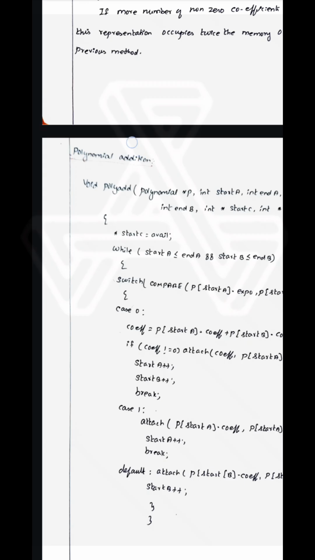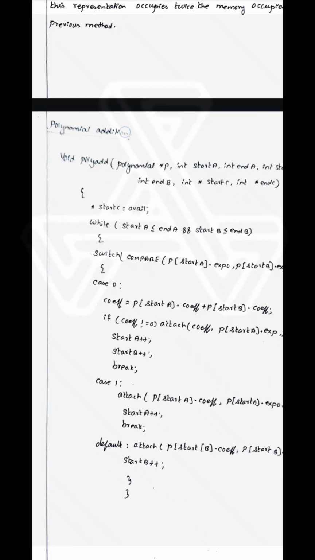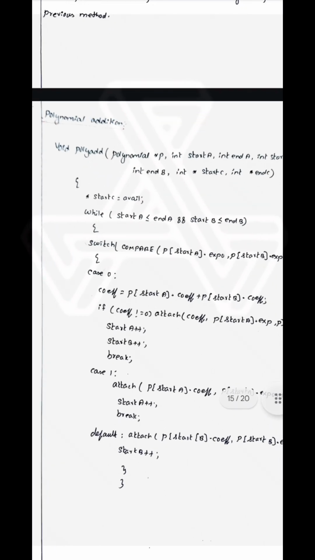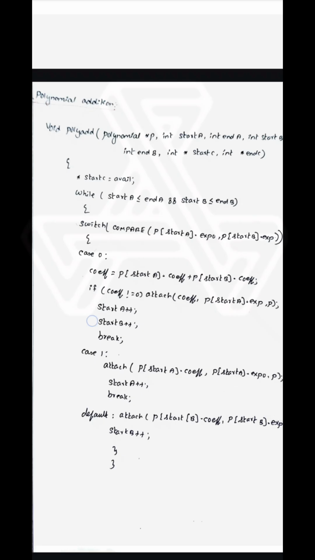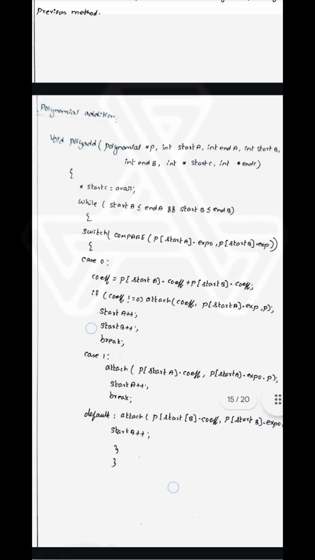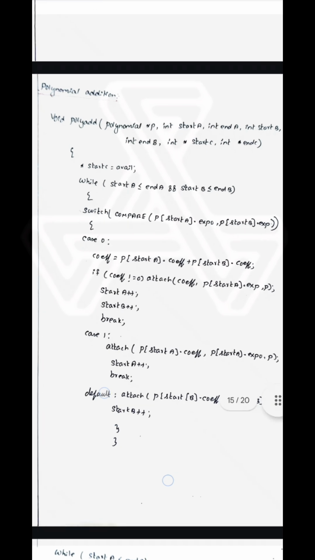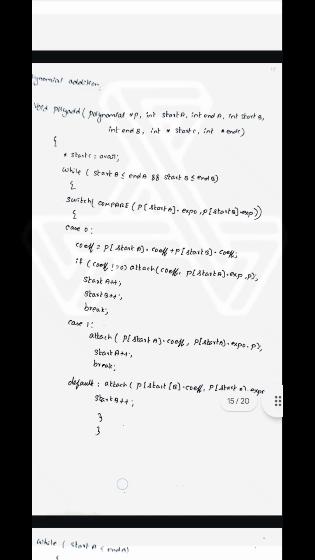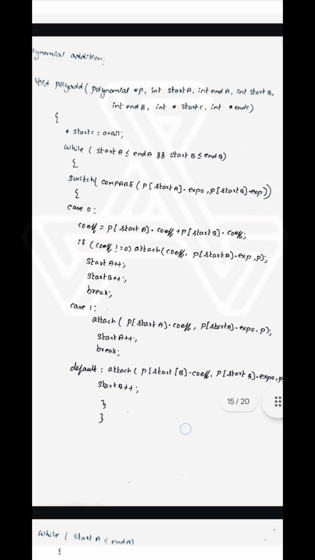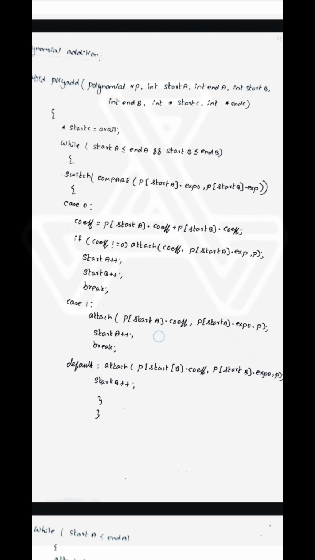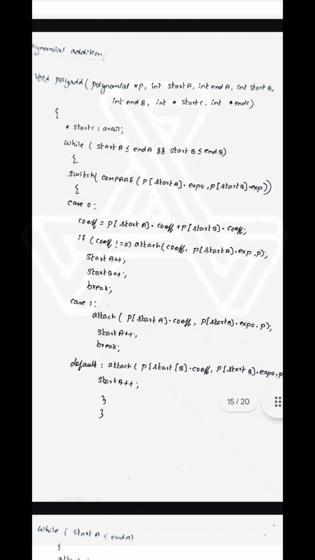So we have the polyadd function as polynomial p, int start a, int end a, int start b, int end b, int start c, int end c. Then start c equals a.